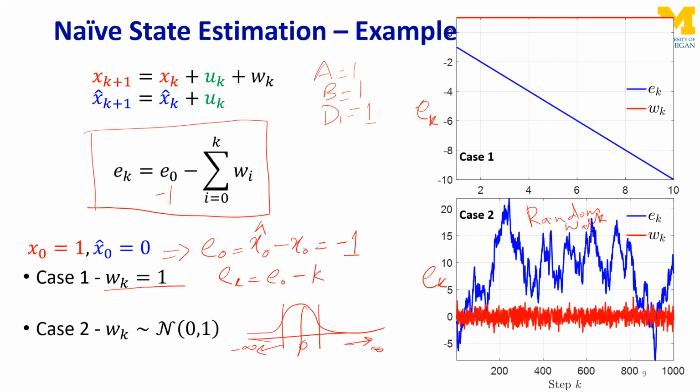And this random walk actually keeps diverging. As time goes on, this bound is going to get larger and larger, so your state estimate is going to be worse and worse. The whole point of this exercise was to show you that this type of estimator does not work, because I showed you just two simple cases where the estimator failed. So it's not really that useful.